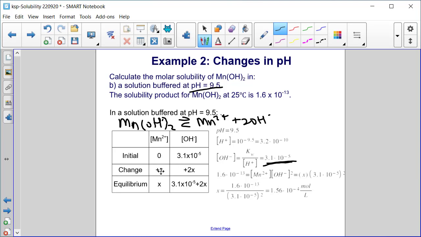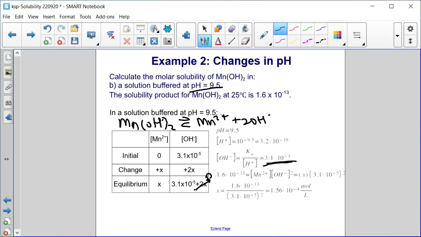And we have some of this that will dissociate, and the change there will be plus X or plus 2X, with an equilibrium amount of manganese equal to X and hydroxide equal to the initial concentration plus 2X. Now, remember, this amount is so small compared to this initial concentration that we will ignore it in our equilibrium concentrations.